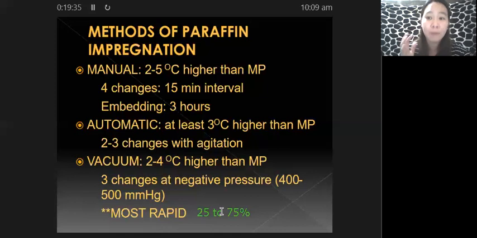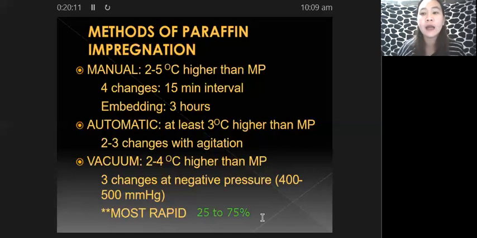The effects will be minimal only in your vacuum embedding, such that excessive shrinkage, excessive brittleness, and excessive hardness of your tissue sample are avoided. So that's the good thing about your vacuum method. There is no overexposure to heat, or the exposure to heat is minimized. That's why the effects of heat will also be minimized.